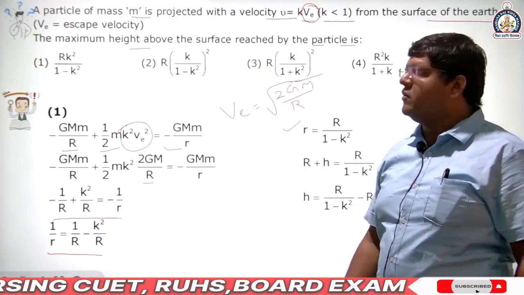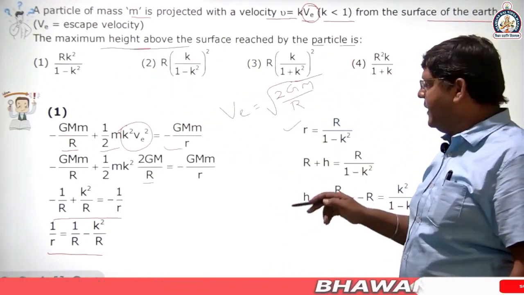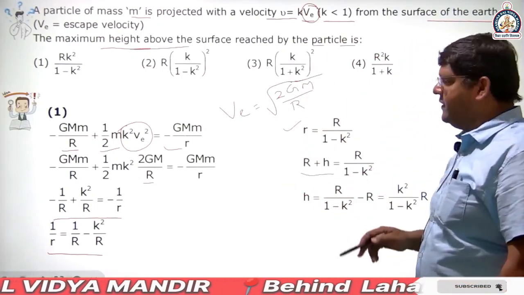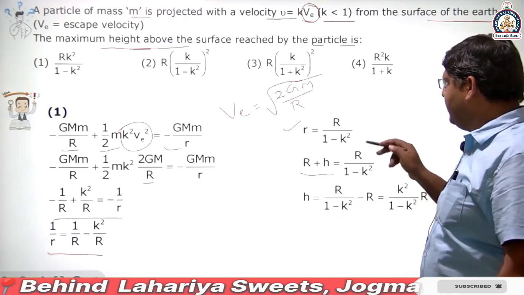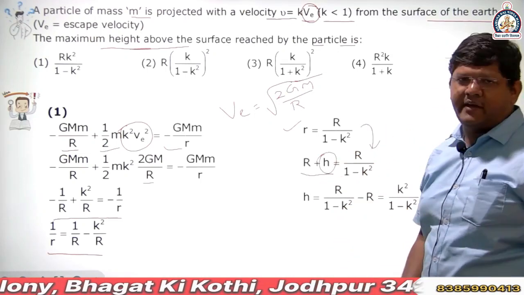Now according to the question, we have to calculate the maximum height. So the maximum height above the surface of the earth is equal to the radius plus h. Radius plus h is equal to this value. Now we have to calculate only the height.